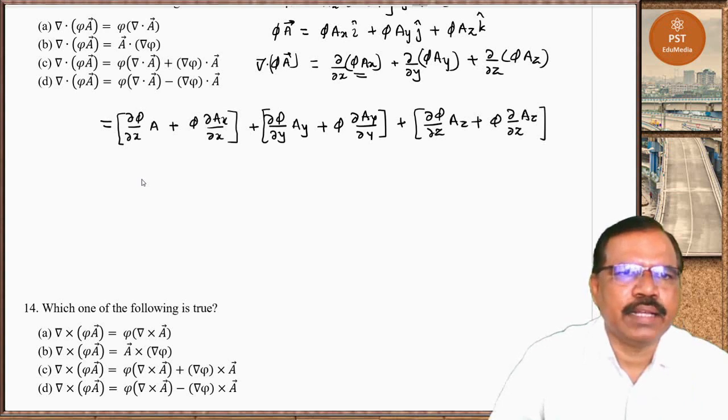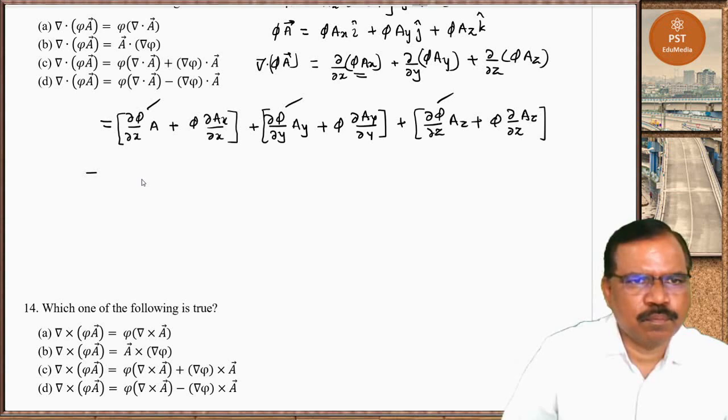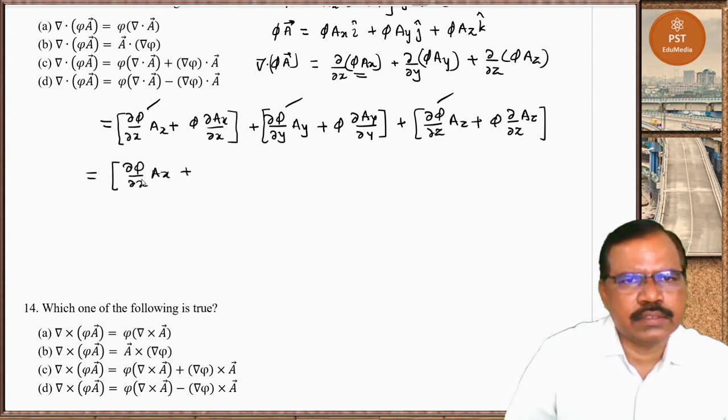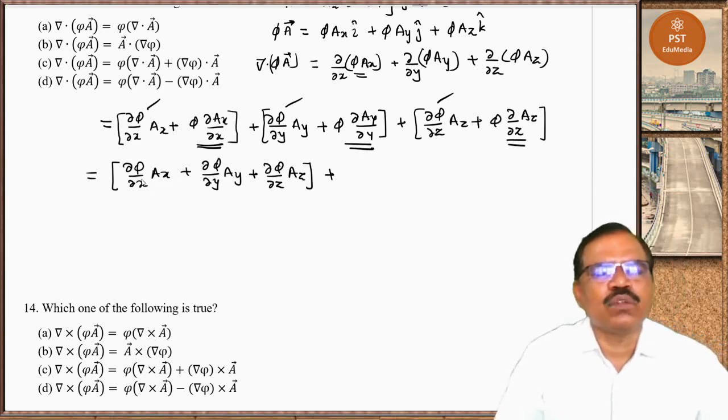Now here, if you take the first term, third term, and fifth term, from these you get ∂phi/∂x into a_x plus ∂phi/∂y into a_y plus ∂phi/∂z into a_z. Plus, now we take the remaining terms. And what is common in these terms?